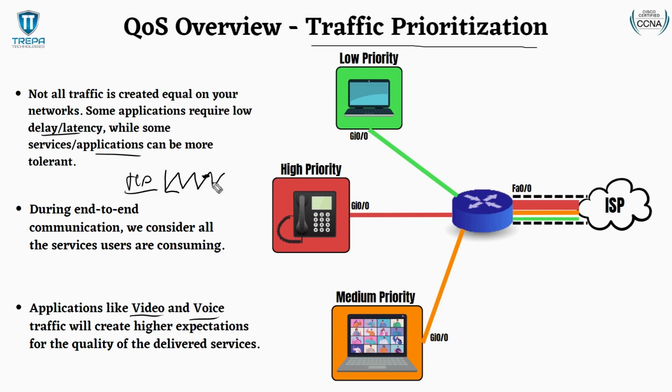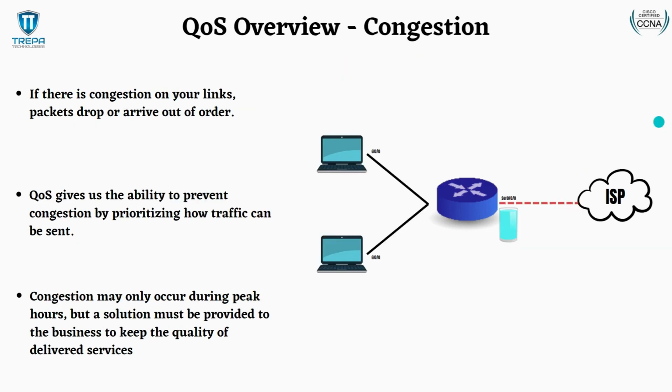Well, with QoS, we can manipulate that so that TCP actually performs a little bit better. But with UDP applications, like video and voice, there is no way within the transmission control protocol of UDP to make sure that traffic is getting there. So QoS can be very beneficial for UDP traffic, because now we can set it into a higher priority. Not that we're going to get those checksums or the acknowledgements, but okay.